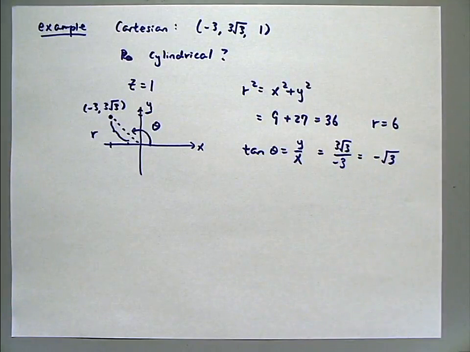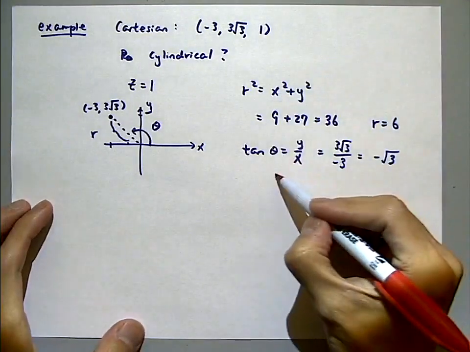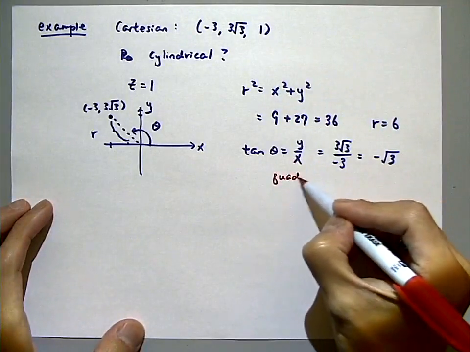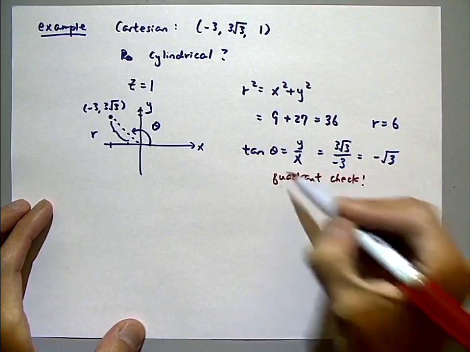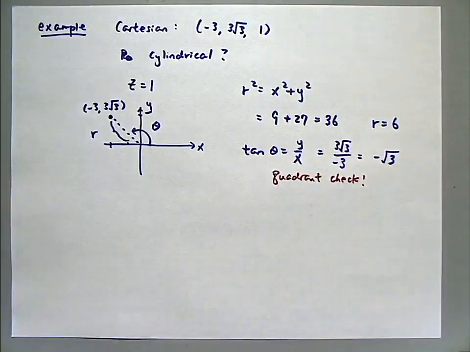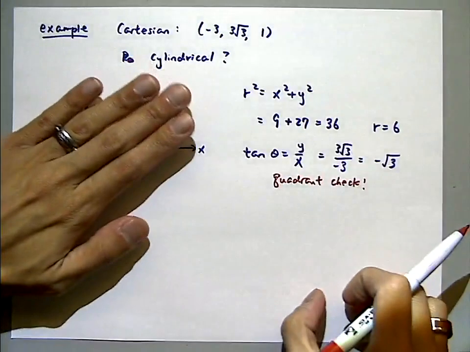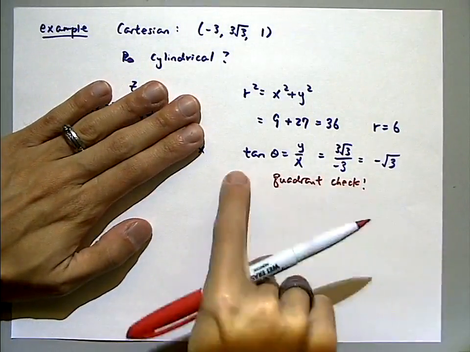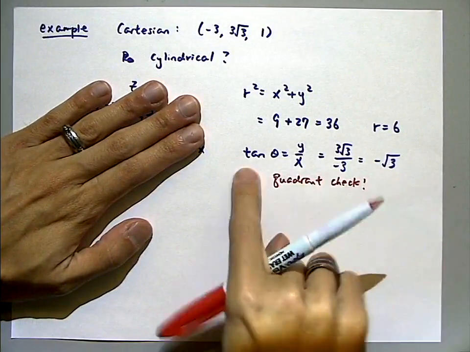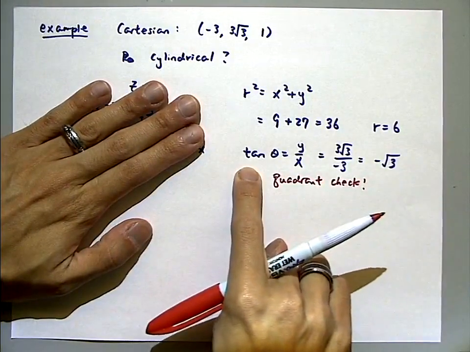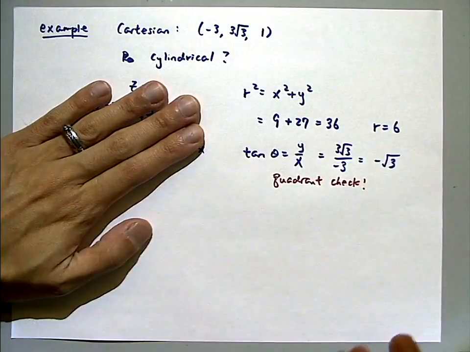When you do this, we're going to be taking an inverse tangent next. You have to be careful with your quadrants. If you don't sketch the picture, then this equation alone gives you two possible answers. You have negative tangent, so it's either in the second or the fourth quadrant.